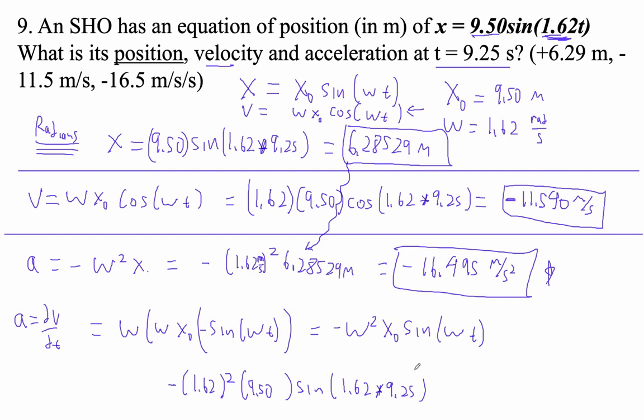The opposite of 1.62 squared, times 9.5, times sine of 1.62 times 9.25. It's pretty exciting. I get exactly the same thing because, of course, this is just going to give us this.